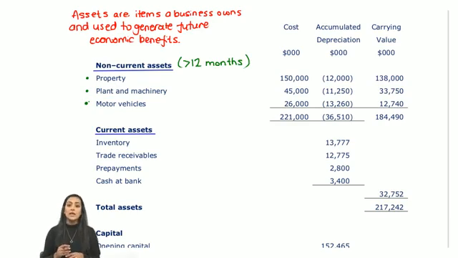So all of these are non-current assets. Now, non-current assets on the statement of financial position must be calculated by taking cost minus depreciation, and that gives you carrying value. We'll look at all of these calculations when we move on to chapter number 6. So that's your non-current assets.